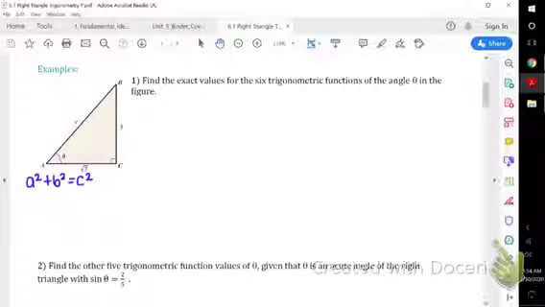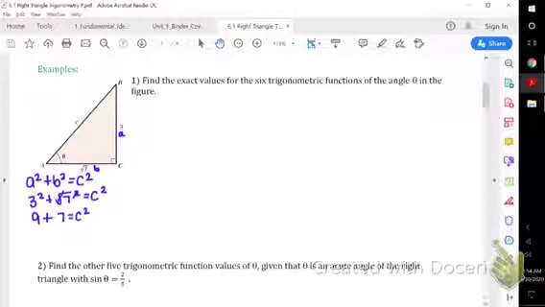Side a is across from angle A, side b is across from angle B, and side c is across from angle C, and that's the side we're after. So we know that 3 squared plus the square root of 7 squared equals c squared. We're going to work this out. And so we get that c squared is equal to 16. Take the square root, and c will equal 4.